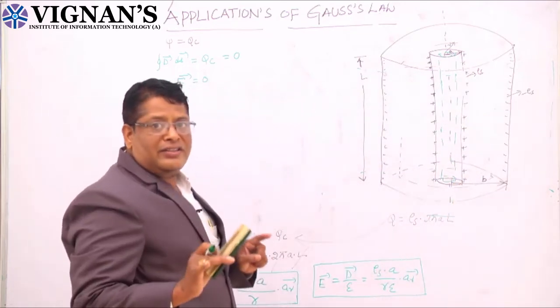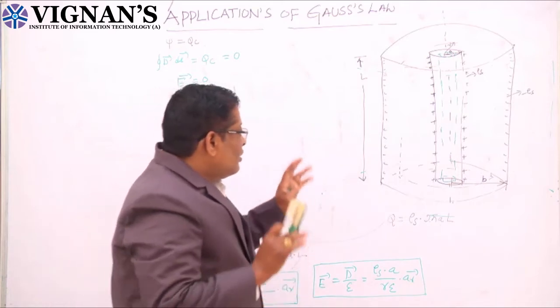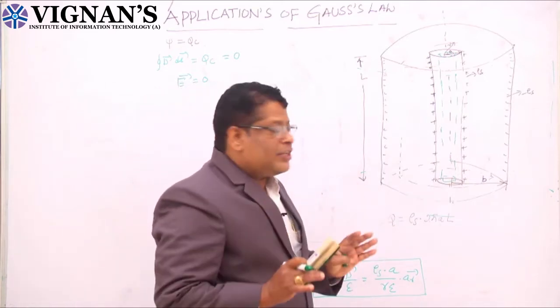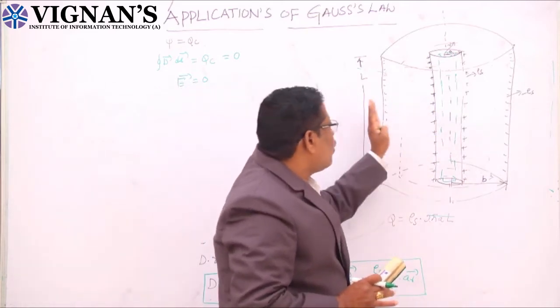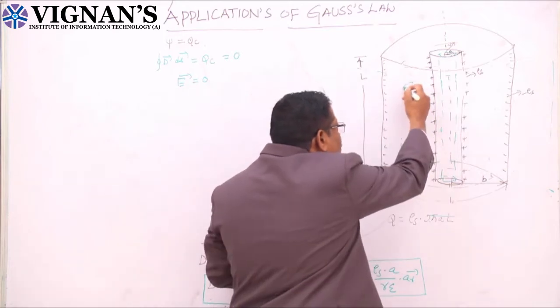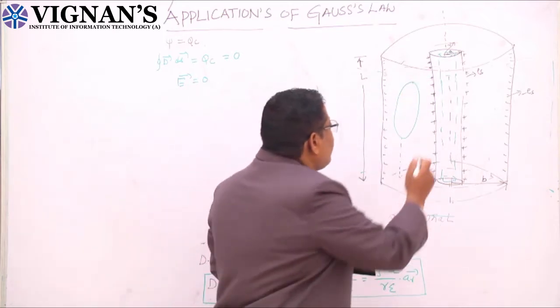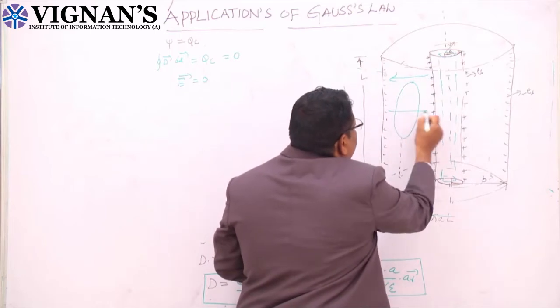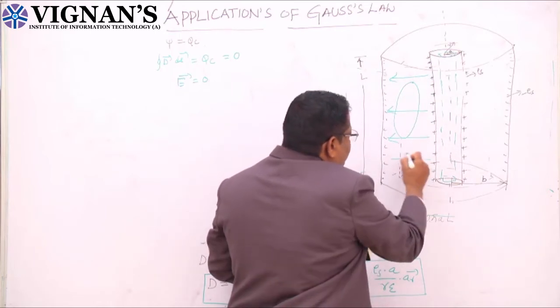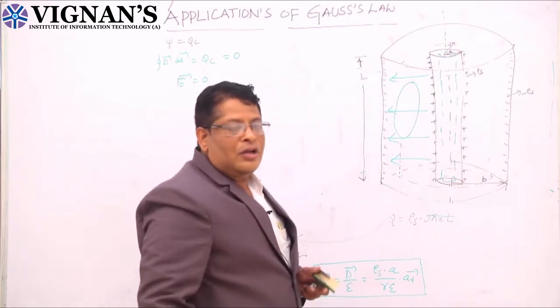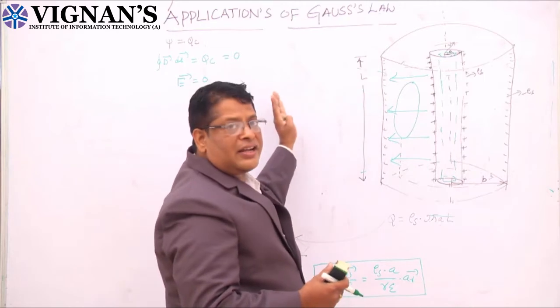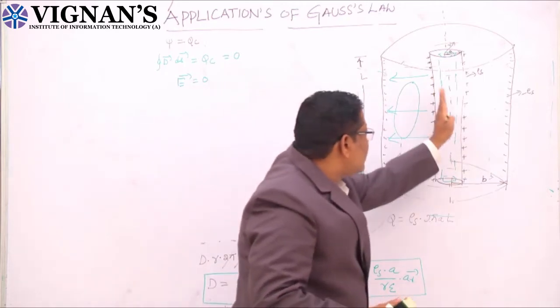Try to understand the concept here. The electric field intensity always exists between the inner conductor and the outer conductor. Only in this area is the electric field intensity there, because the flux is always from the positive to the negative. There is no flux outside of the cylinder and no flux inside of the cylinder.